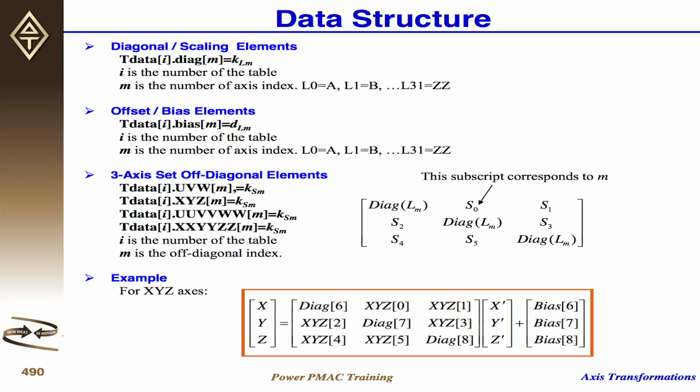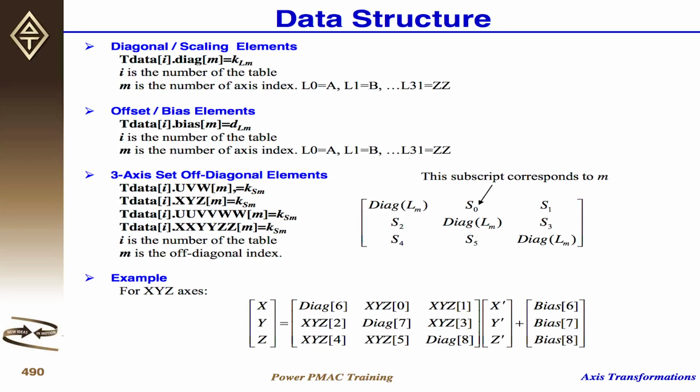So the XYZ is actually starting from 6, 7, and 8. And the first off diagonal term for this XY is this here. 0, 1, 2, 3, 4, 5. Okay. So this is just a little bit confusing, but you can map it with whatever I have in this slide. After you set it up, the rest is easy.